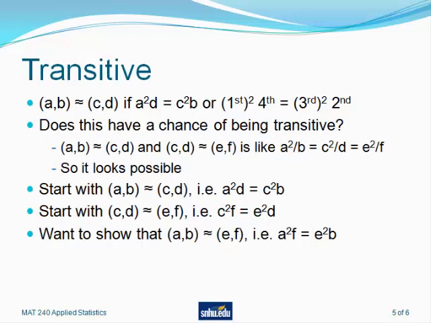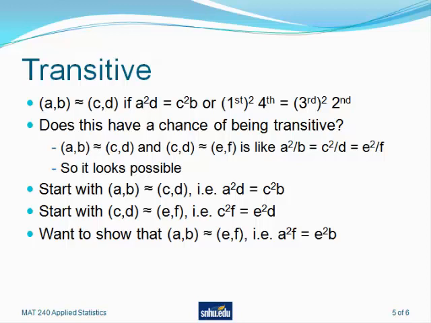Now let's do the transitive property. You might guess that this will take a little bit longer. We have three ordered pairs: AB, CD, and EF. Before we try to prove this, let's take a look to see if it has a chance of being true. There's not much sense in wasting time proving something that isn't true.